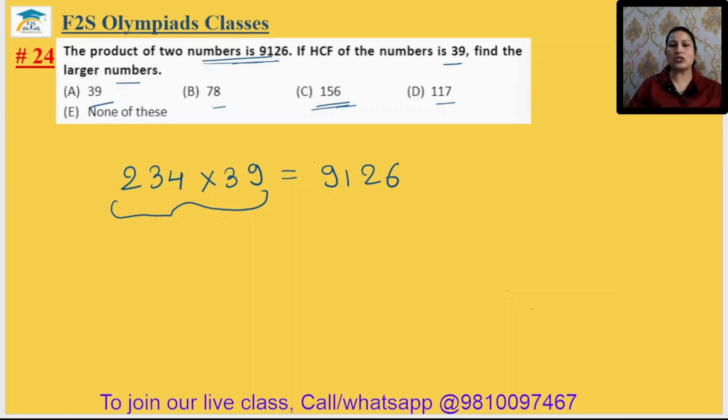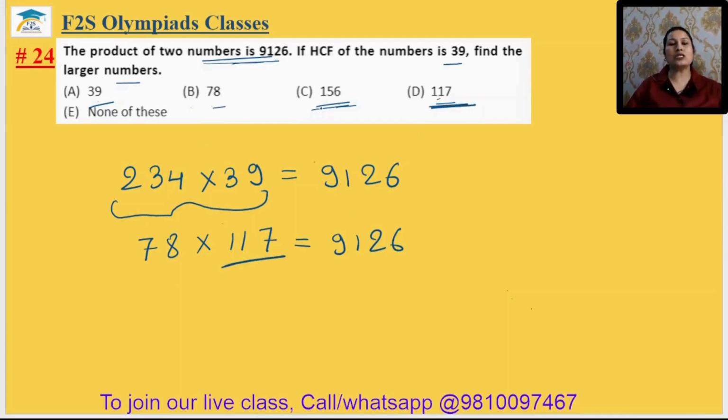Okay, now we will check with 78. 9126 divided by 78 is 117. 78 multiplied by 117 is 9126. So here 78 cannot be the larger number, but 117 can be the larger number.